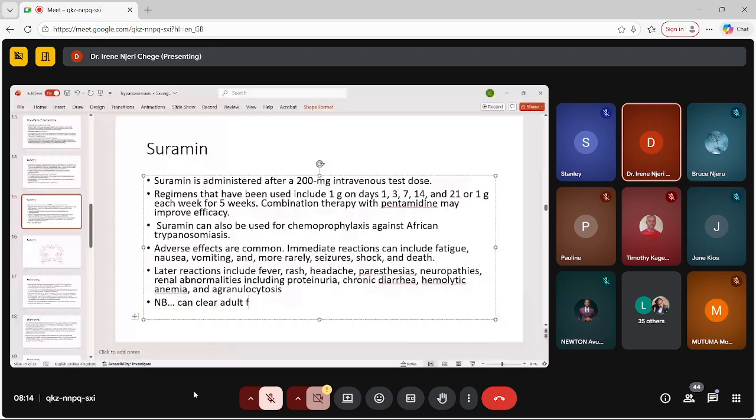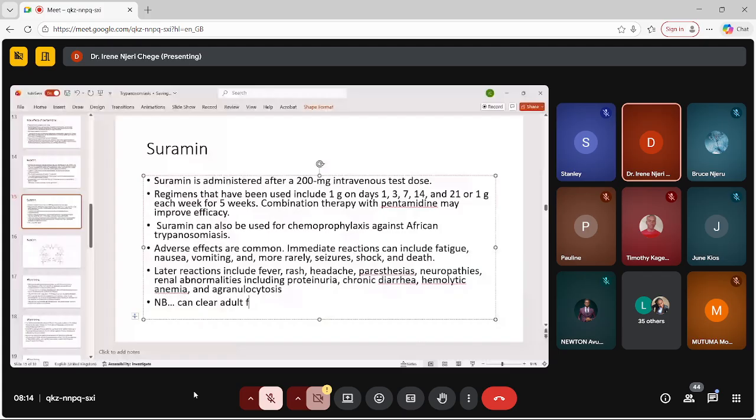And just know that it is a key enzyme in polyamine metabolism in the parasite. Just remember that.